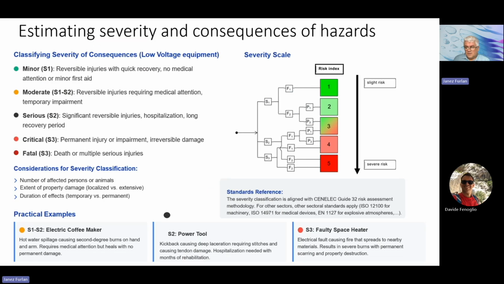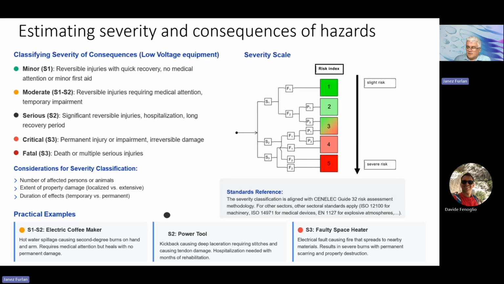In the European methodologies, we have standards that are used to determine the risk level. What you can see now on the right side is the so-called risk graph or risk nomogram used for low voltage electrical equipment, and it's taken out of Guide 32 that CENELEC has prepared for the manufacturers of low voltage equipment.